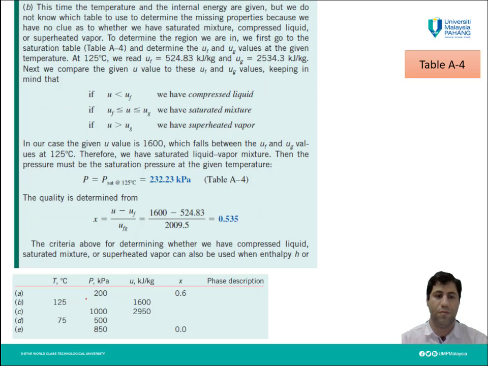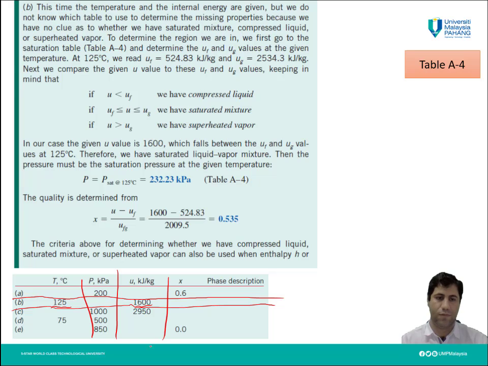Part B. In part B, you can see we have temperature and also we have U. But we don't have any value for X or quality, so we cannot guess the phase just by these two pieces of information.